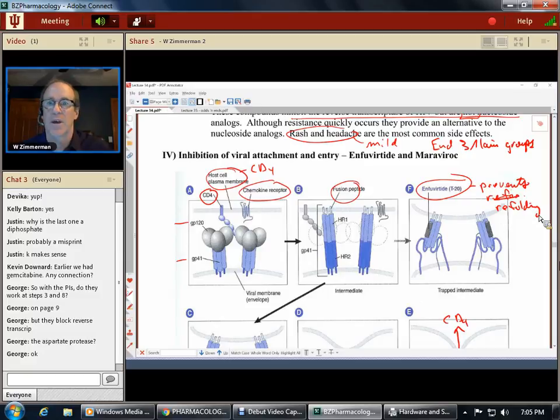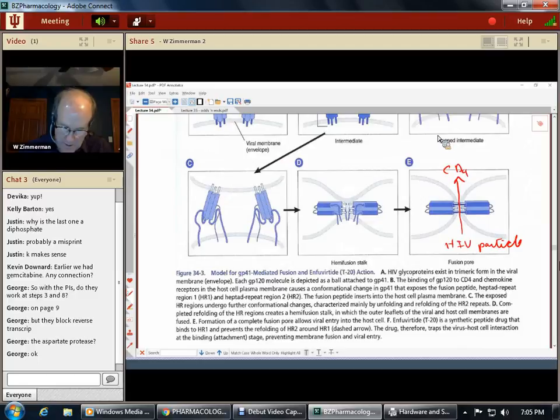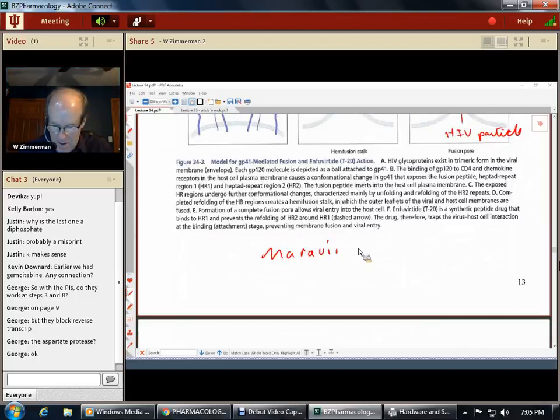That's the big thing. So that's what enfuvirtide does. Maraviroc blocks binding, and I'll just write this down at the bottom. Maraviroc. It blocks the binding of the GP120 to the chemokine receptor.